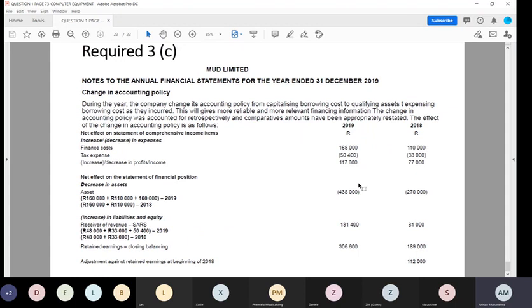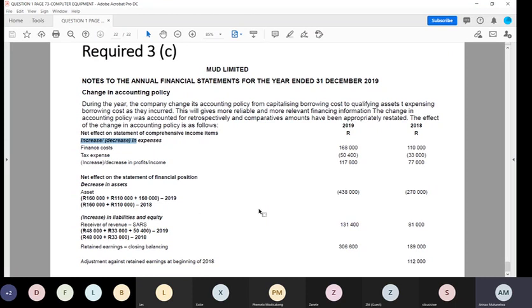If you do the calculations correctly and don't indicate whether it's increasing or decreasing, you will get 0, which is painful, because after the hard work of doing all the calculations, you're not going to be awarded any marks.